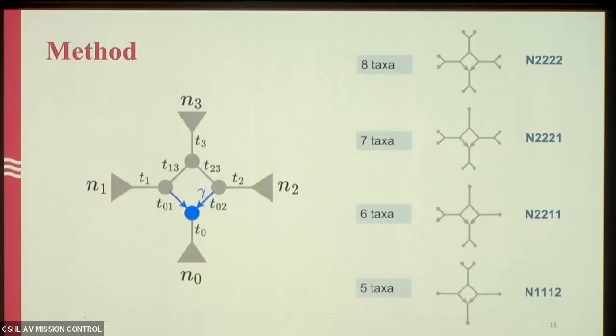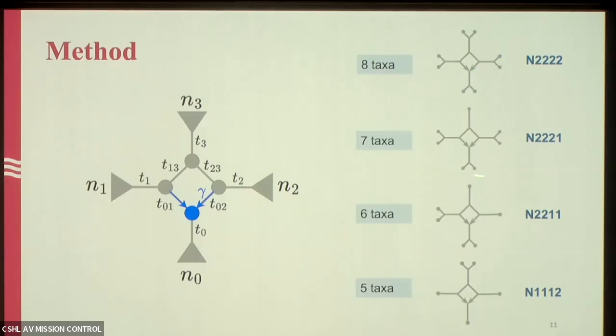And here are some examples of this type of network involving the four-node hybridization cycle. For a network with 8 taxa, one possibility is that we have 2 taxa in each clade. We call this network N2222 because we have 2 taxa in N0, N1, N2, and N3.